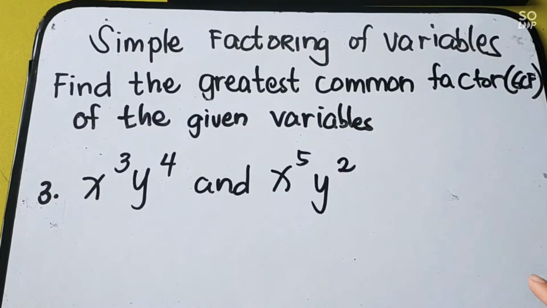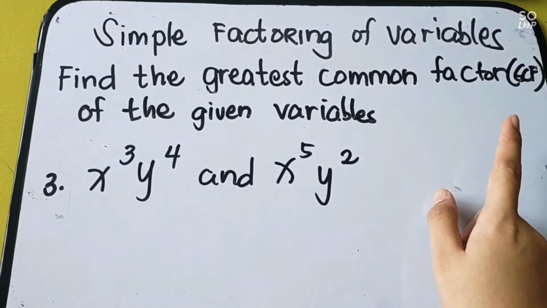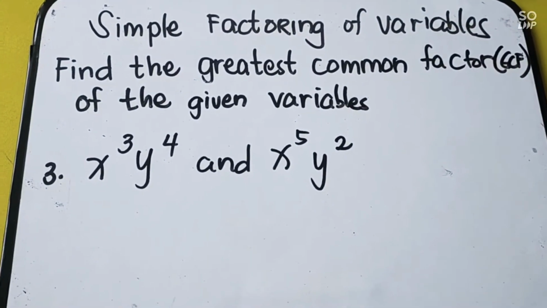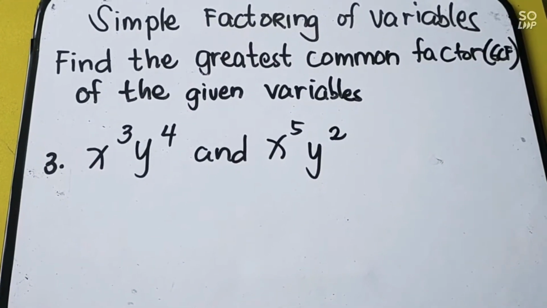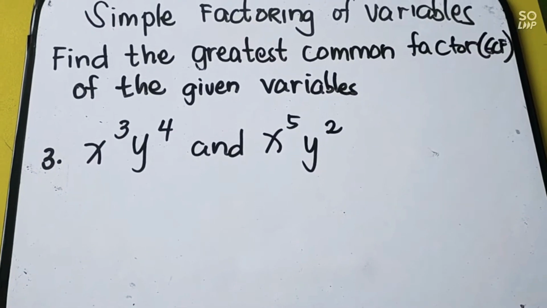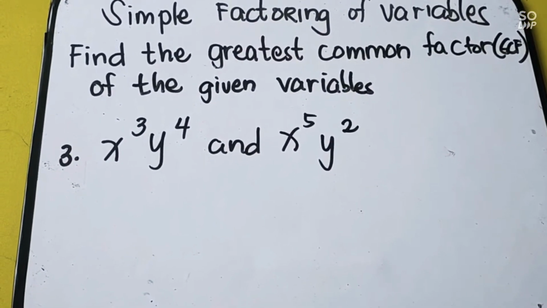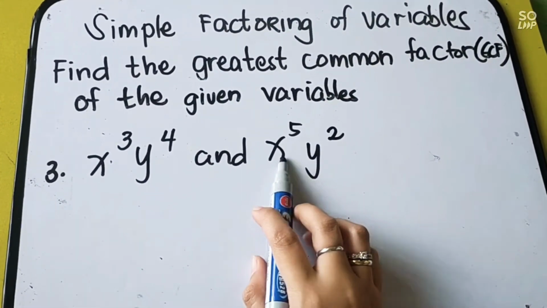What if the given are variables? How will you find the greatest common factor of the given variables? This time, if we have variables, just look for the lowest exponent. The one with the lower exponent is the one you take. For example, we have x cubed and x raised to 5. What is common to them? They both have x cubed. x raised to 5 contains x cubed, but x cubed does not contain x raised to 5.